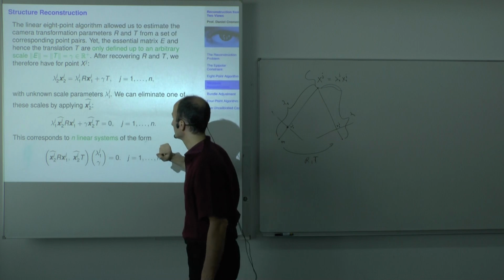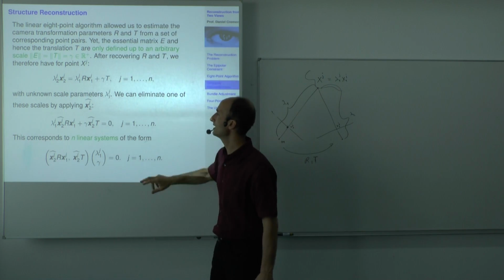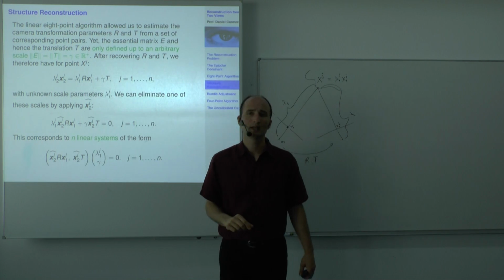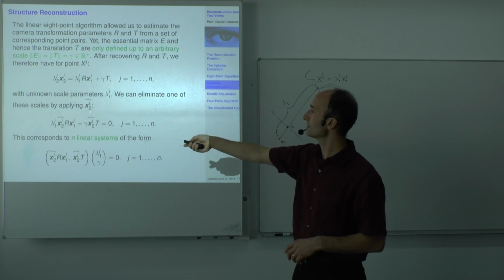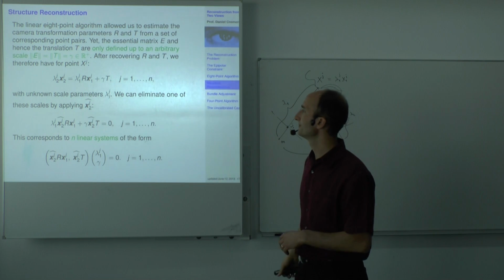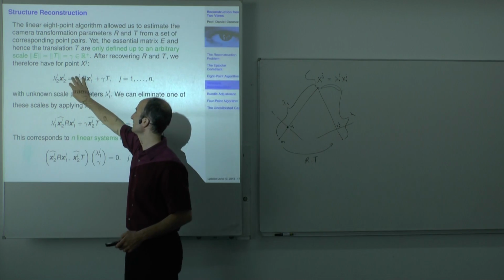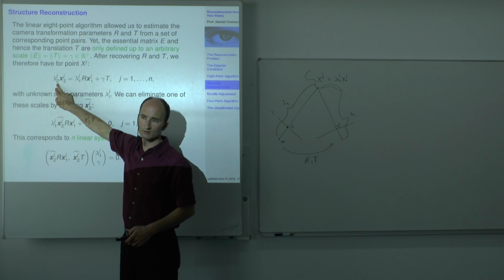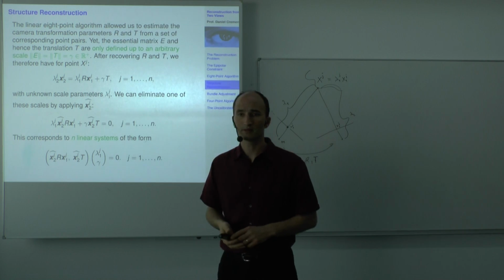We have too many parameters in the equation, we can remove one by multiplying with x2j hat. x2j hat is a matrix that models the cross product with x2j, and one of its effects, if we apply it from the left-hand side here, is that this term becomes 0, and in that way lambda 2 drops out of the equation.